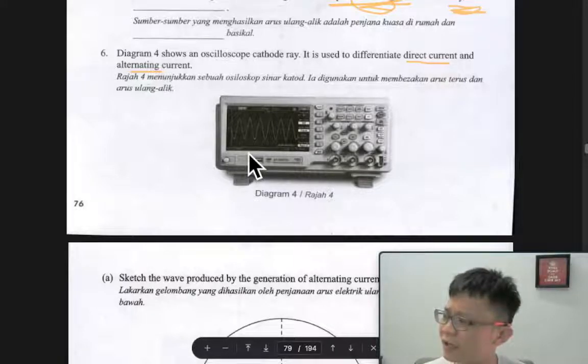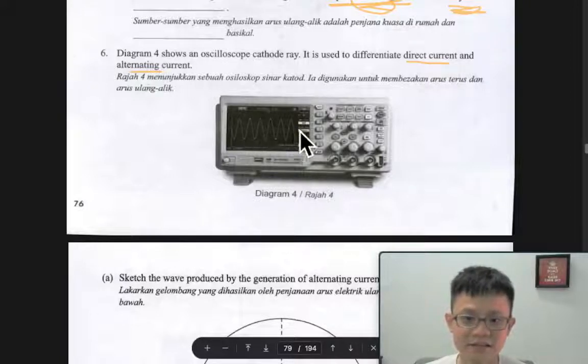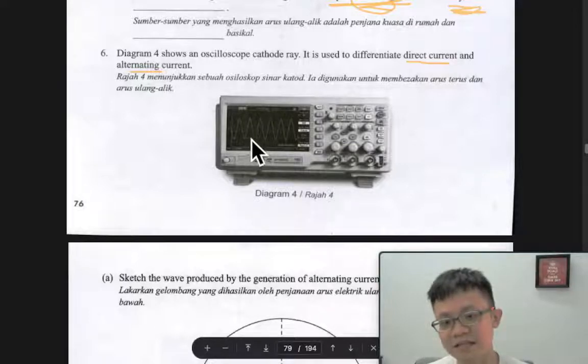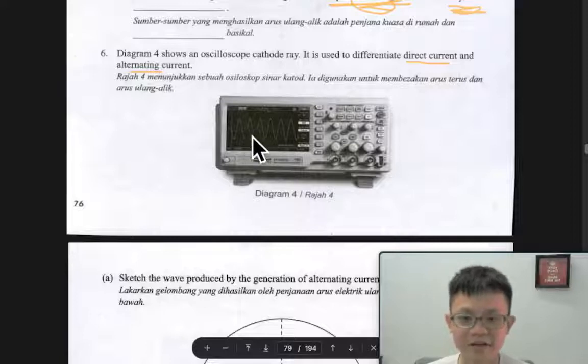So in the hospital you always see this thing, it means the person's heart is beating. As long as it beats, it will go up and down when the person is breathing. And if the person died already, it will be a straight line.